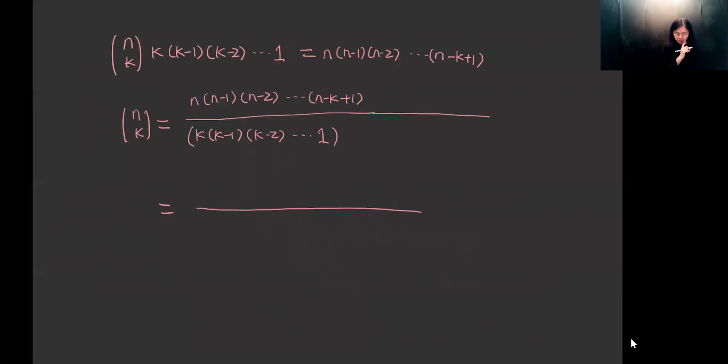But usually people write n choose k in a short way using the factorial notation. This k times k minus 1 times k minus 2 down to 1 is often called k factorial. And on top, you don't get n factorial. It's truncated somewhere.